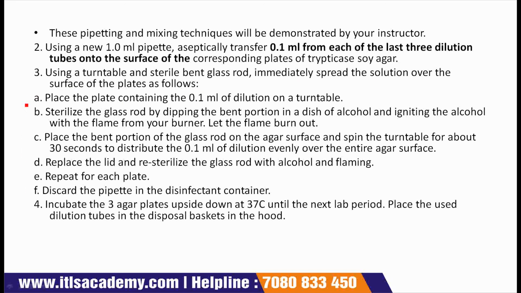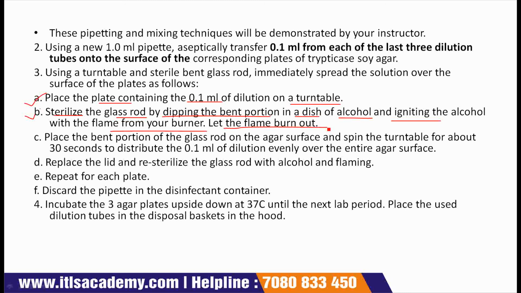Let's see. Point A is place the plate containing the 0.1 ml of dilution on a turntable. Point B, sterilize the glass rod by dipping the bent portion in a dish of alcohol and igniting the alcohol with the flame from your burner.